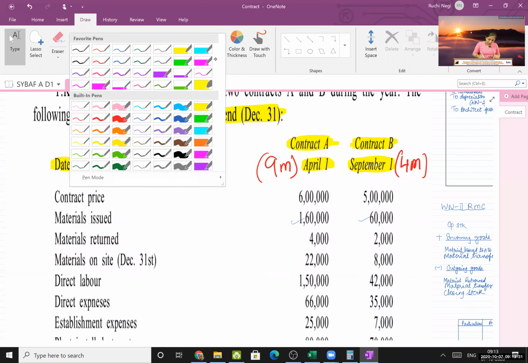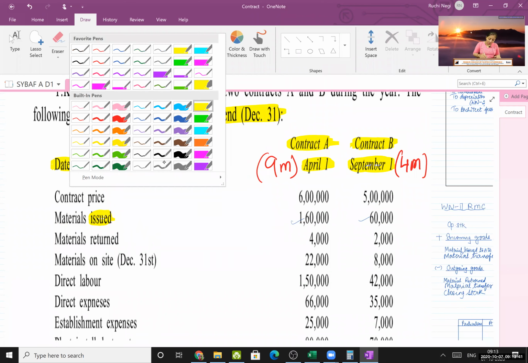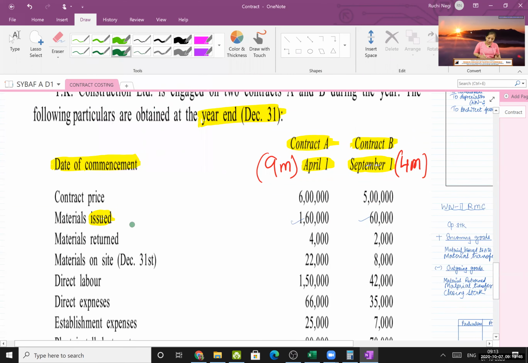Now students, many students look at this word issued and they feel that the material is going out. No. That's not the case. Whenever I say raw material issued, it means raw material issued to the construction site. Is that clear?